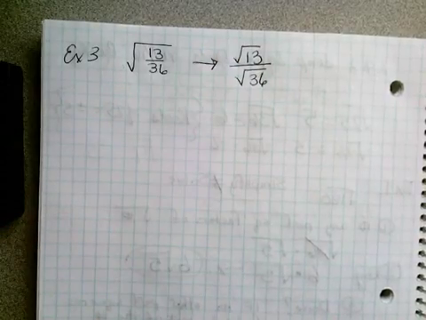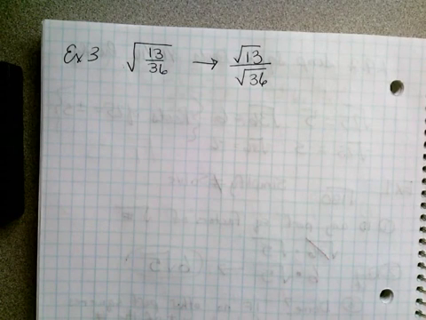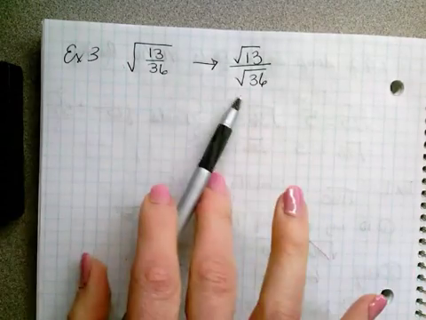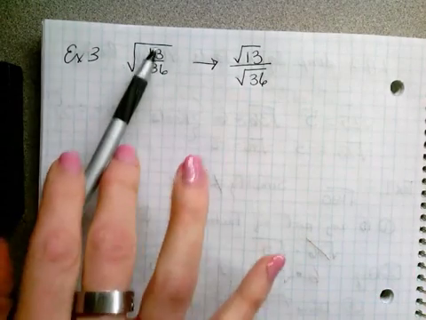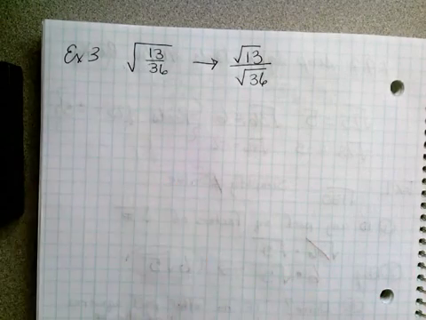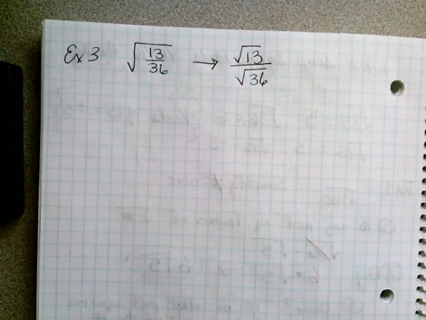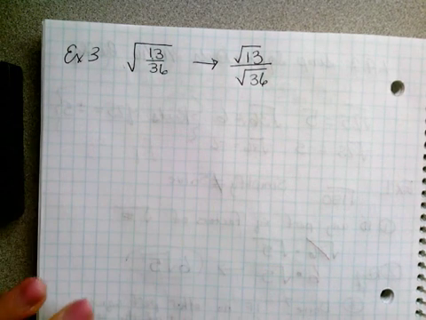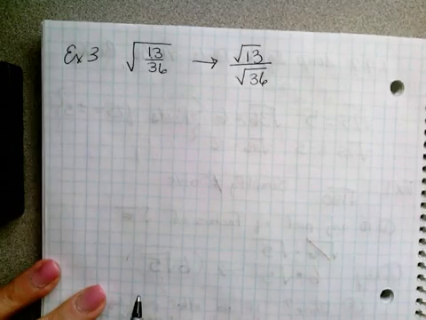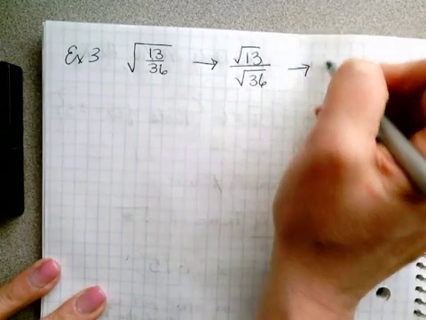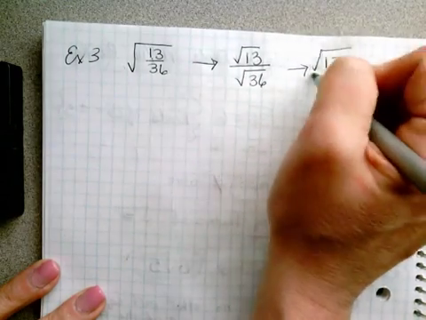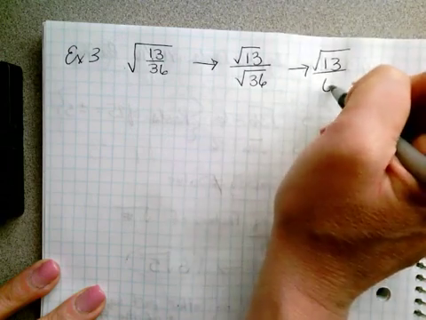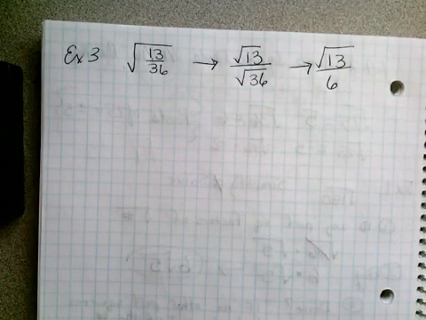If you don't do that, it'll look a little tricky. Okay? The reason you have to do this is because only one of these is a perfect square. Okay? If both of them were a perfect square, it's slightly different, and I'll show you that. 13 does not have any perfect square factors. The square root of 36 is 6. Okay?